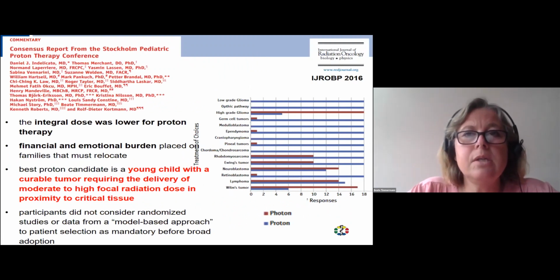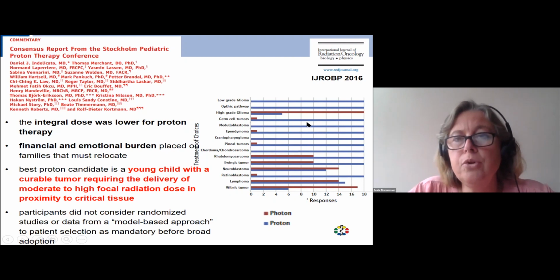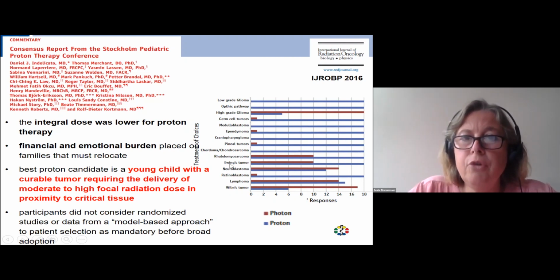It may still be surprising that when a group of experts met in Stockholm and we discussed for which entities proton therapy was preferred, for neuroblastoma the majority still voted for using photons. I think that is surprising when we all agreed that integral dose was lower for proton therapy.